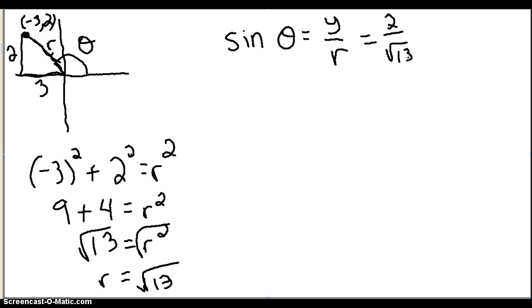But again, we can't leave a square root on the denominator, so let's go ahead and rationalize that. The way we do that is we're going to multiply the top and the bottom by the square root of 13. And this will give us 2 square root of 13 all over 13. Okay? Let's go ahead and get cosine.